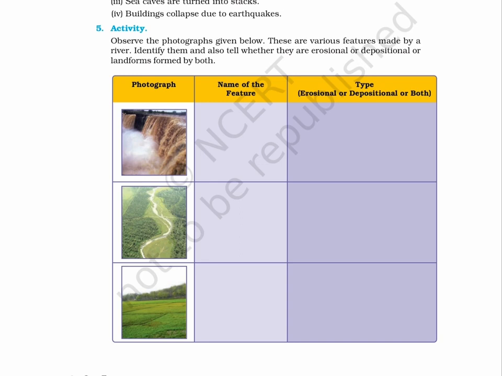The first column has the heading Photograph. In this we see 3 different photographs. Columns 2 and 3 have the headings Name of the feature and Type, that is, erosional or depositional or both. Both columns 2 and 3 are empty and are supposed to be filled by you.